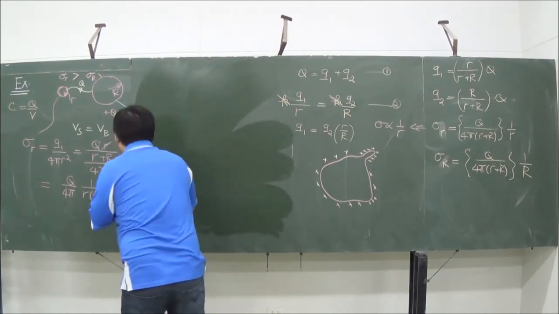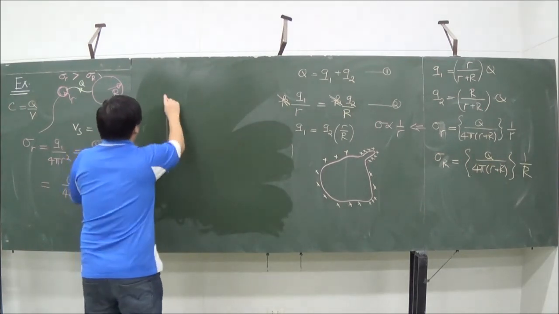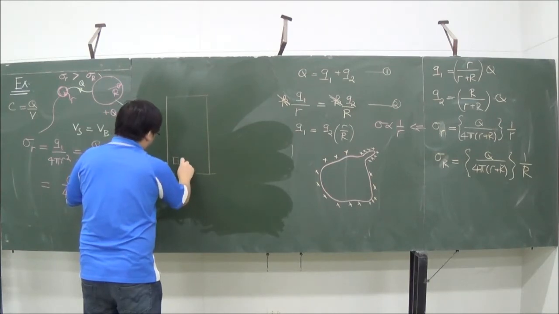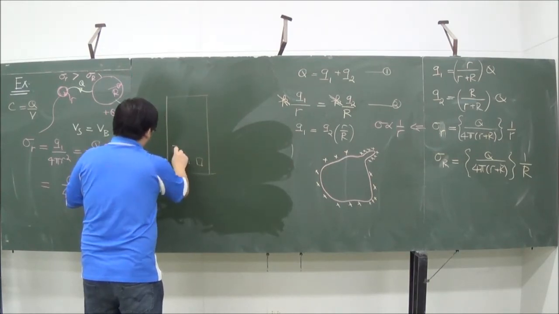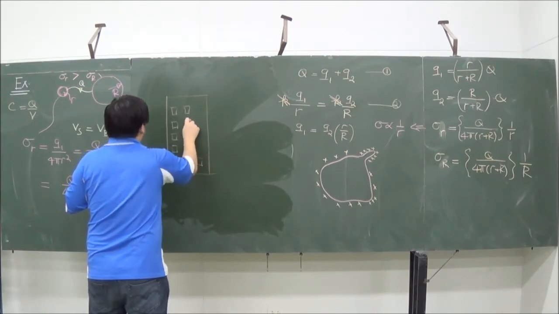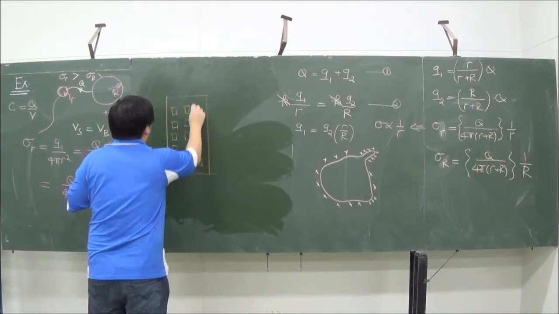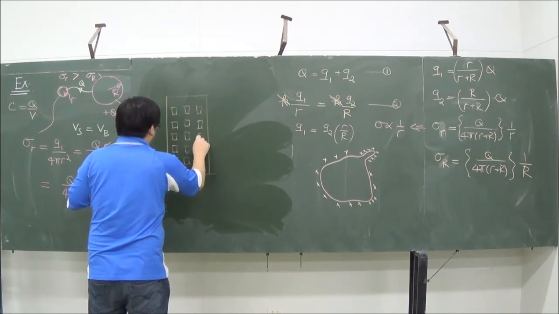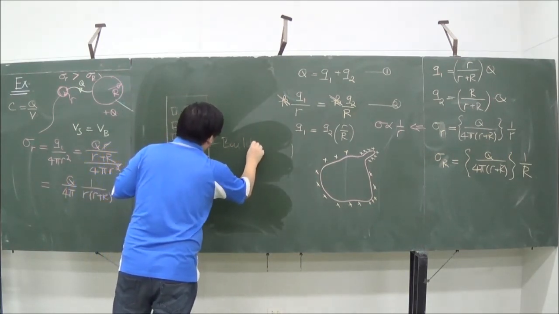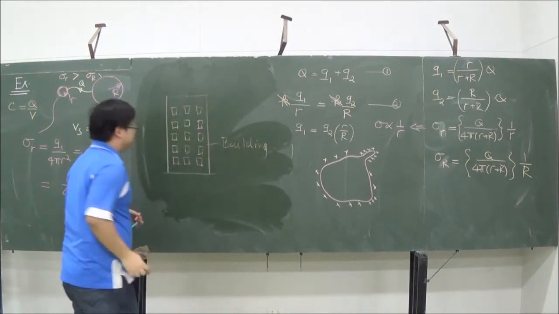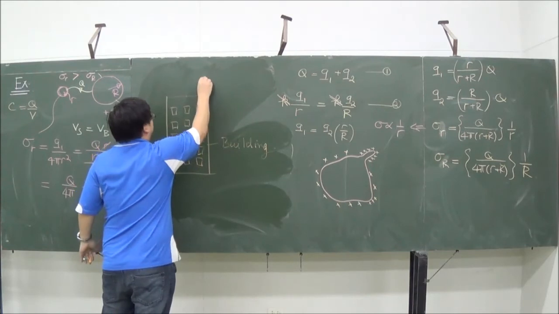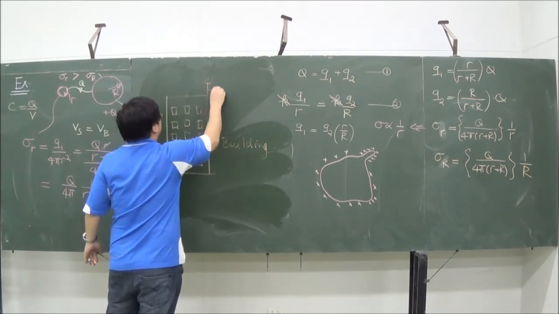So if you've got a tall building, so this is a building, so it's got a window, on top of this building you will get what we call a lightning rod.